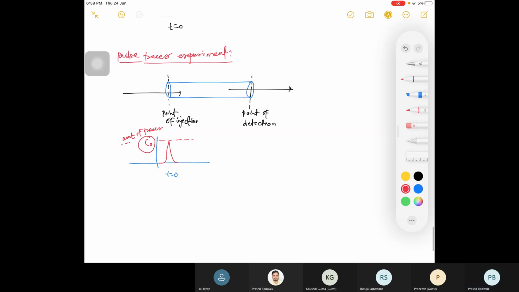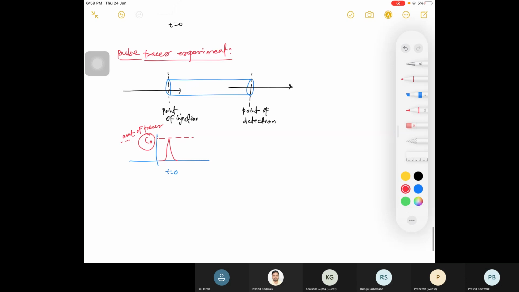Now, suppose at time t equals 0, you have injected N0 moles of tracer, injected at time t equals 0. Right?